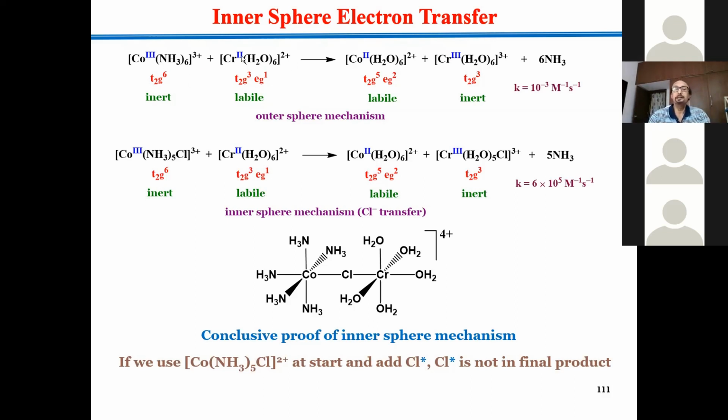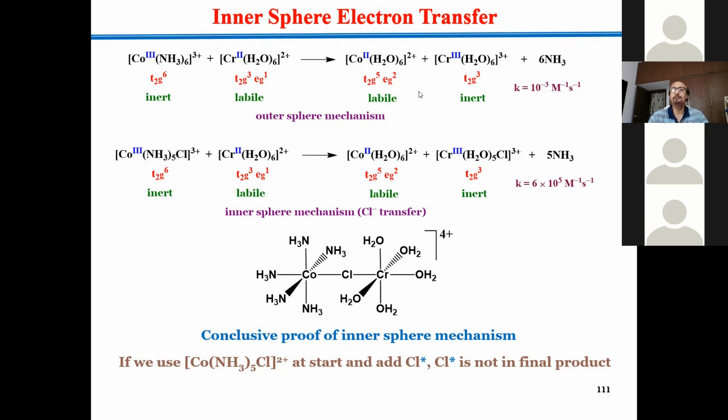Now, when cobalt 3 is reduced to cobalt 2, it is moving towards the high spin configuration, and this configuration is now labile. Whereas chromium 2 goes to chromium 3, t2g3, which is now inert. Okay, so what is happening?